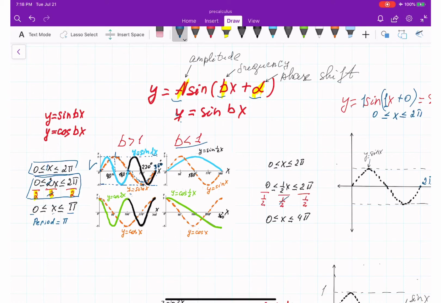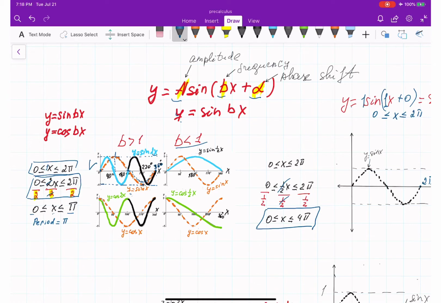So this half and this half is gone. So if you divide 2 pi by 1/2, you practically flip, right? This second fraction 1/2, you end up with multiplying by 2. And this is where you get your period, 4 pi.